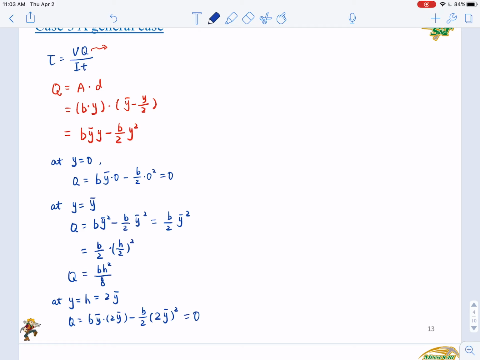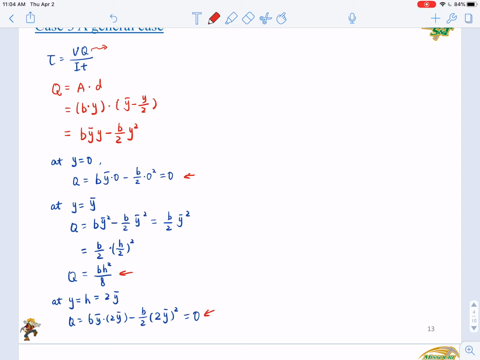This will be 0 again. Okay. So look at here. On the top, you get 0. In the middle, you get a number. And the bottom, you get another 0. Okay.